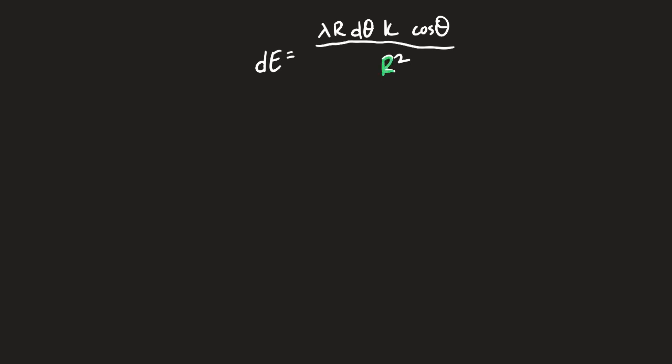This is a constant, this is a constant, this is a constant, and this is a constant. The only thing that actually matters here is the cosine theta d theta. This is the only part that's actually going to be involved in the integration. Everything else, lambda r k over r squared, is a constant.